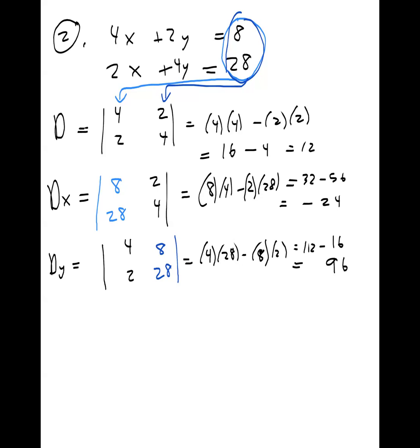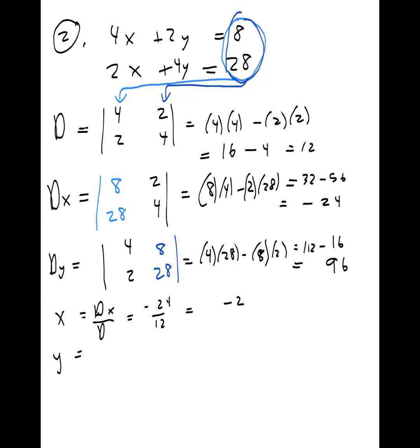Now, the amazing thing is that if you just want to find x, you can just take the determinant of x, or Dx for short, divided by the original determinant, and conceptually speaking, the D's cross out, and you'll get x. So Dx, negative 24, divided by D, 12, equals x, which is negative 2. Whoops, I wrote two negative signs. My fault. So Dx divided by D equals negative 24 divided by 12 equals negative 2.